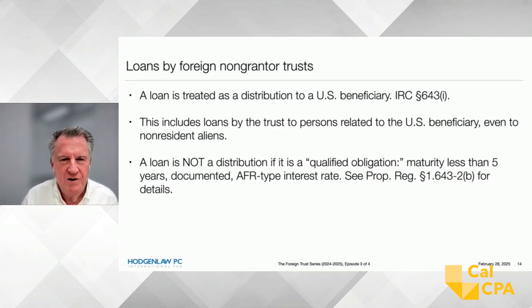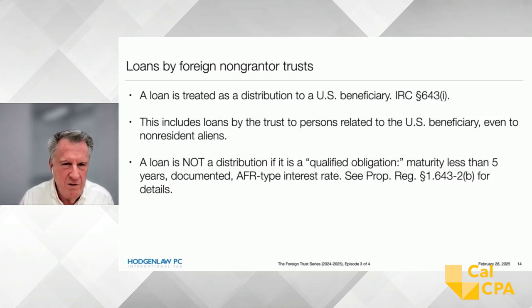If it's related to the U.S. beneficiary, then the beneficiary is treated as if receiving a distribution. So look at what's happening here, that if you have the trust loan money to the wrong person, the U.S. beneficiary has to pick up a trust distribution with potential income tax consequences, even if the U.S. beneficiary never got the money.